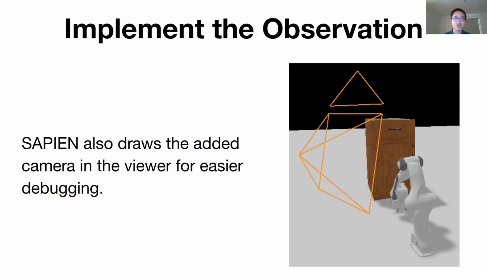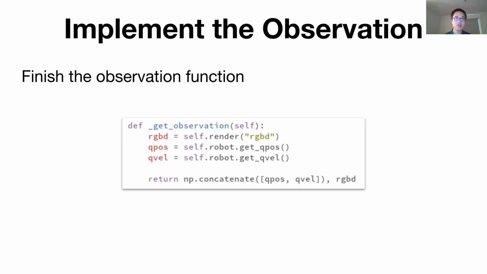Sapien also draws the illustration of the added camera in the viewer for easier debugging. Here, the camera is represented by the lines in this viewer image. We finish the observation implementation by adding the robot states.